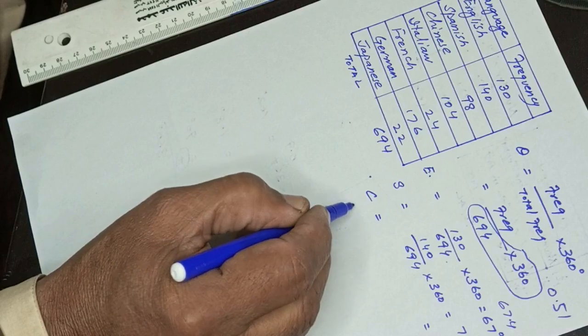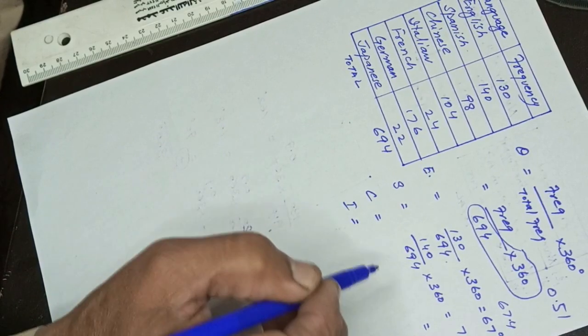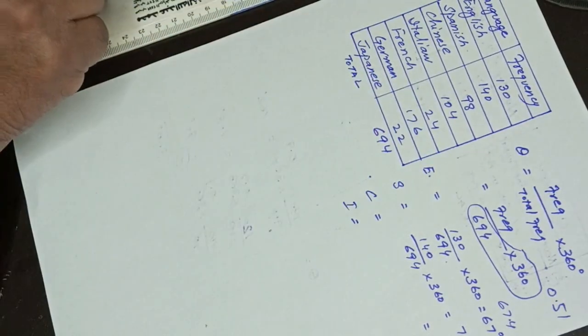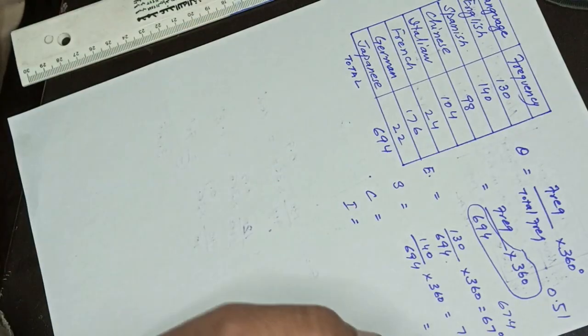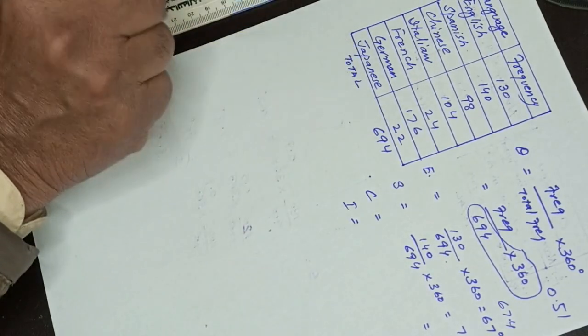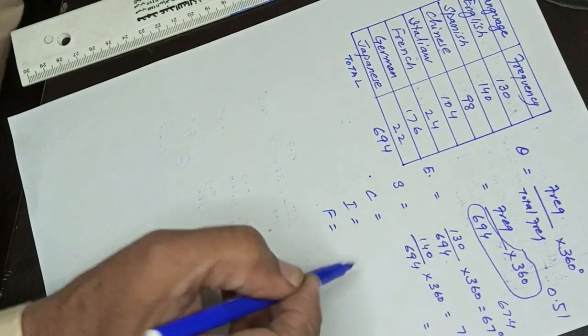Italians are 104. 104 multiplied by 0.51 will give us 53 degrees. French: now you have to keep on doing like this.